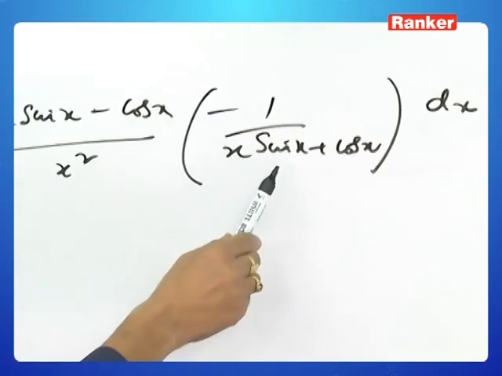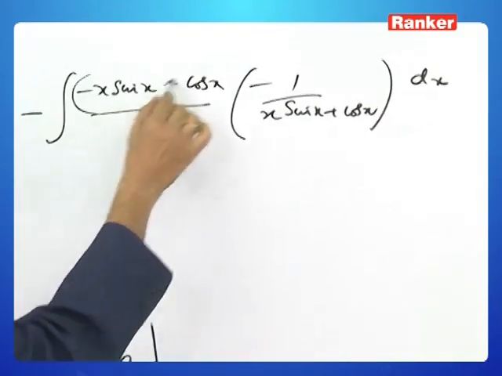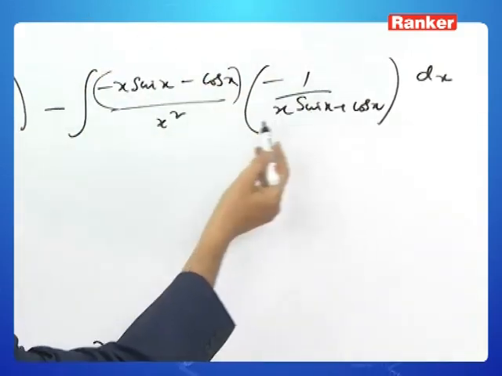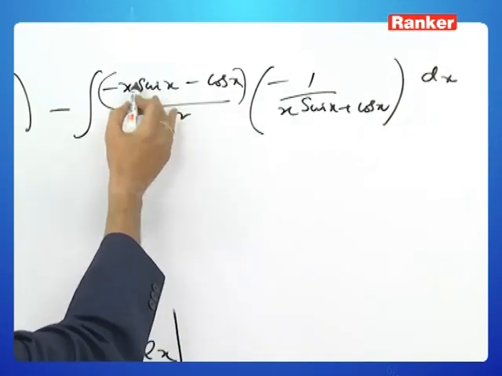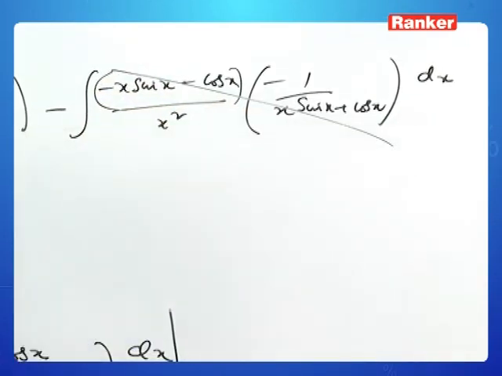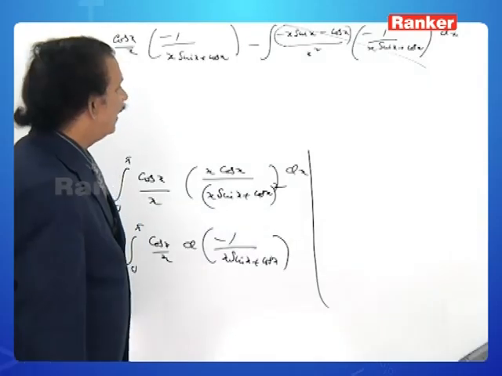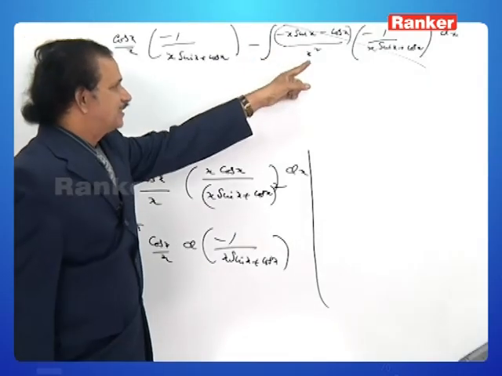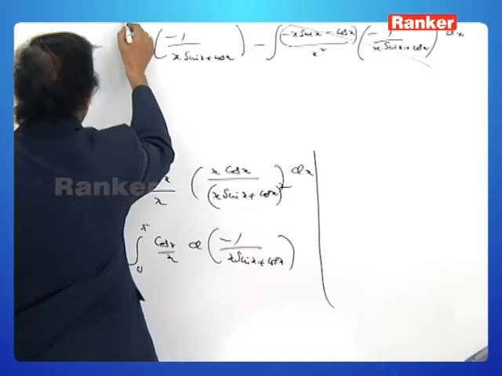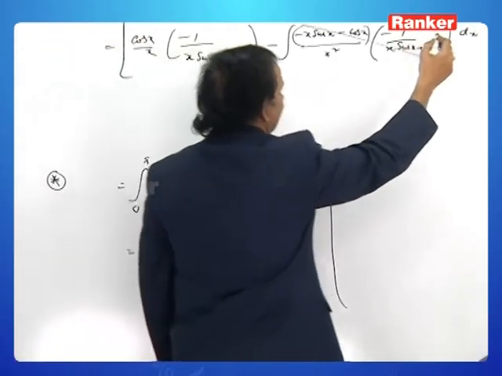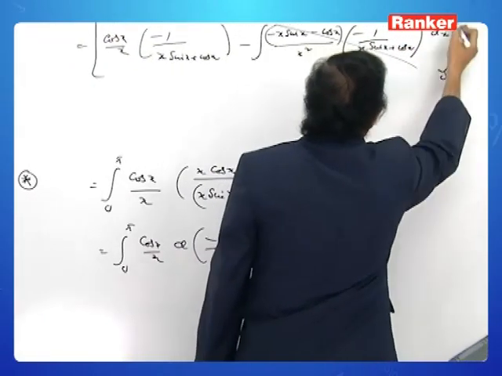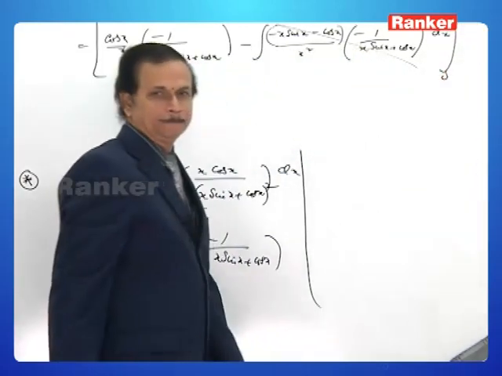Minus of this, minus of this. So this entirely will be cancelled, isn't it? Well, so minus 1 by x is one more thing. This entirely between the limit 0 to pi.